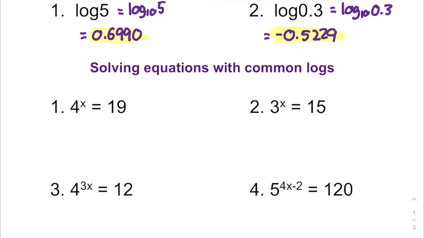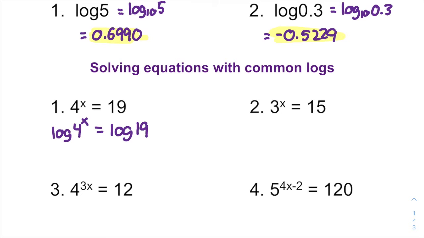So what we're going to do is use common logs to solve these equations. And we're going to use it very similar to how we would an operation. We're going to log base 10 both sides. So we're doing log 4 to the x equals log 19.